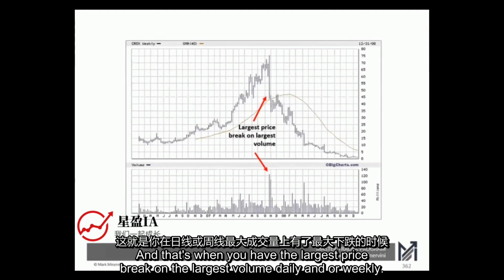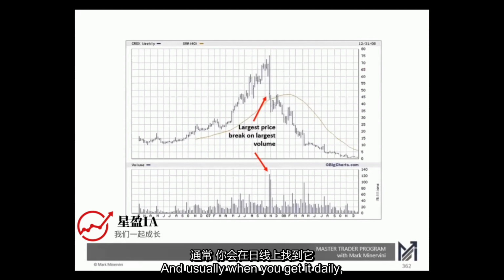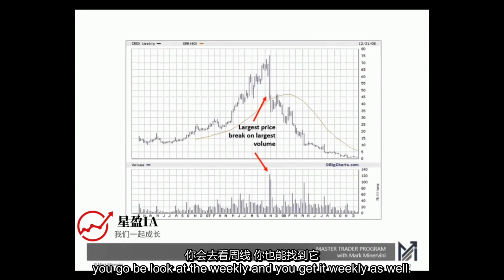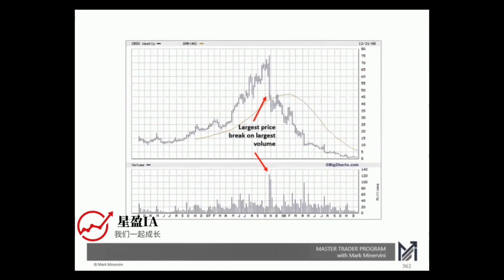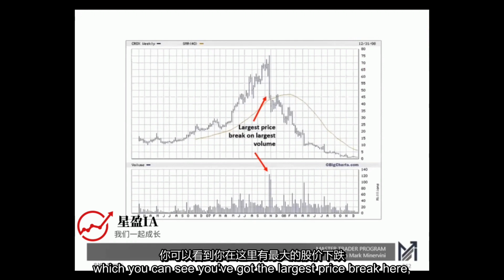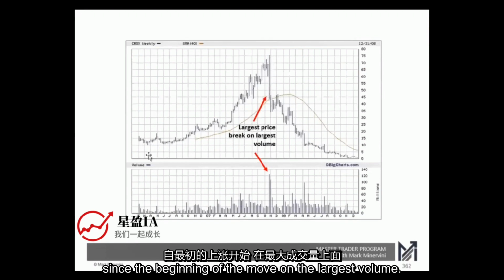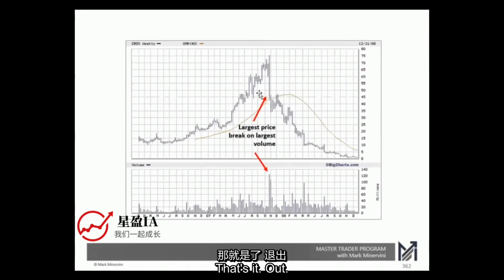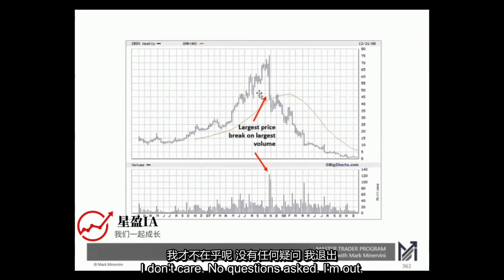And that's when you have the largest price break on the largest volume, daily and or weekly. And usually when you get it daily, by the end of the week, you look at the weekly and you get it weekly as well. In this case, that was the case. So this is actually a weekly here, but you can see you've got the largest price break since the beginning of the move on the largest volume. That's it. Out. I don't care. No questions asked. I'm out.